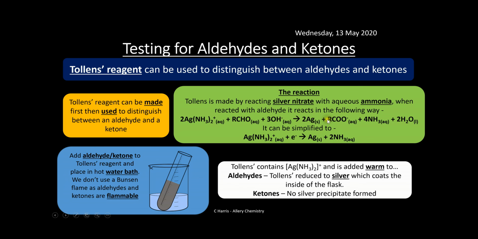We form Ag, the silver, our carboxylate RCOO minus, then ammonia and water. But this can all be simplified: Ag(NH3)2+ plus an electron forms Ag and 2NH3. You really need to know this simplified reaction, showing that our Tollens reagent produces our silver solid, and we also get some ammonia produced.